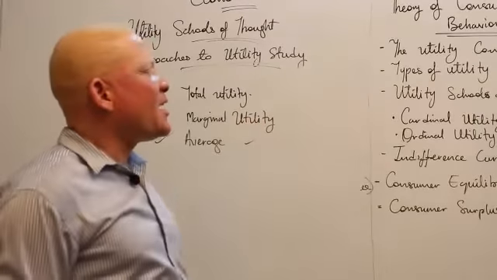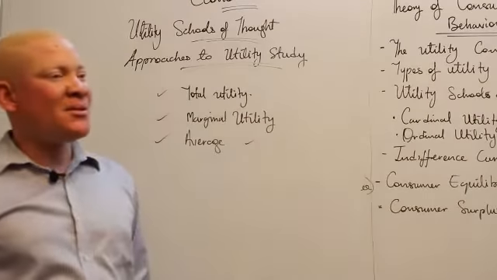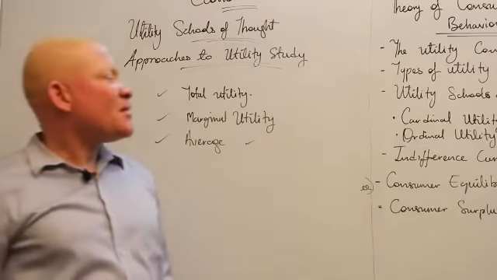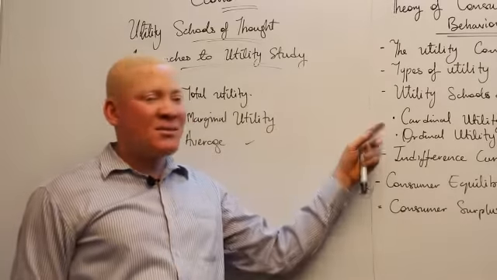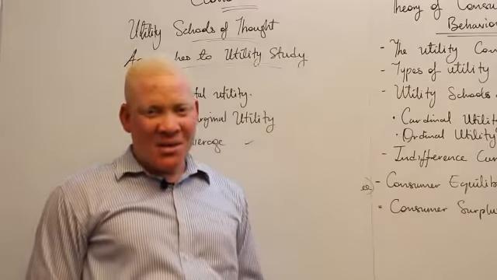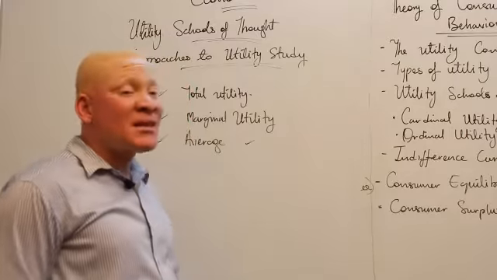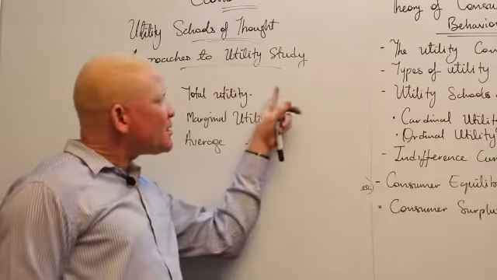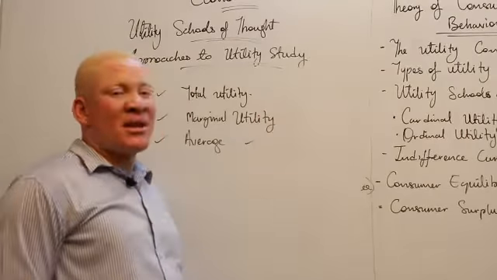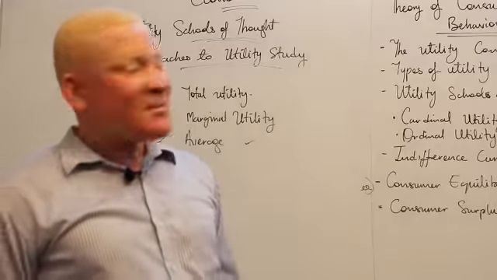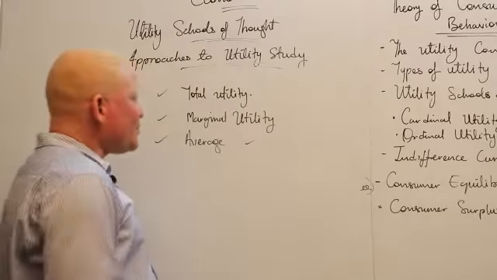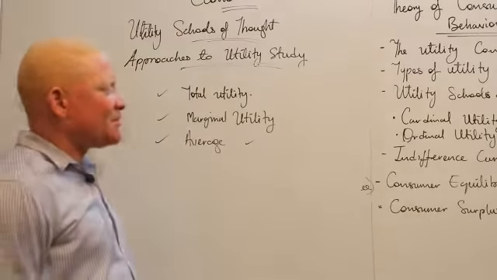These three things are concepts or ideas under the cardinal utility school. Because they have said things can be measured, it means that these things can actually be calculated. All right. Now, the first one, total utility.